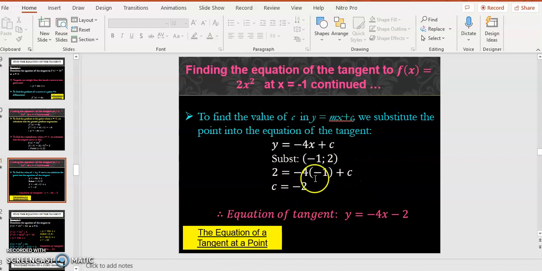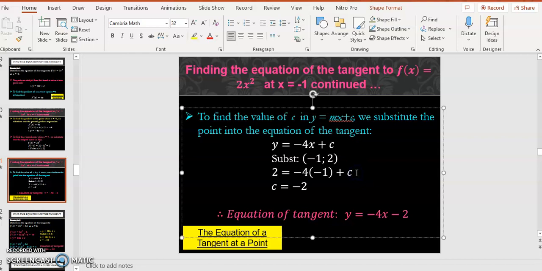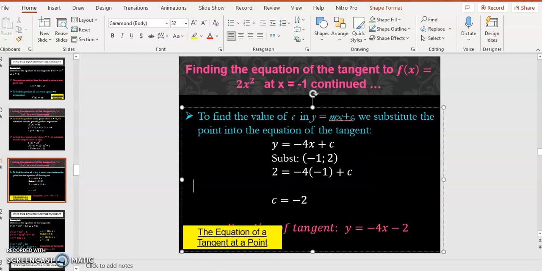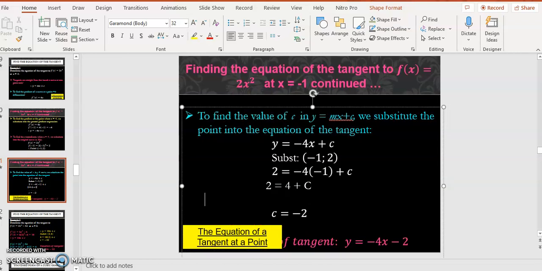When you simplify this, we are going to get c equals -2. But how did we get that one? 2 equals 4 plus c. If I transpose, 2 minus 4 equals c. And 2 minus 4 gives you -2.